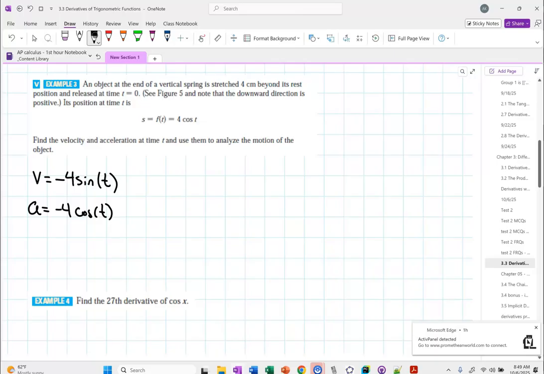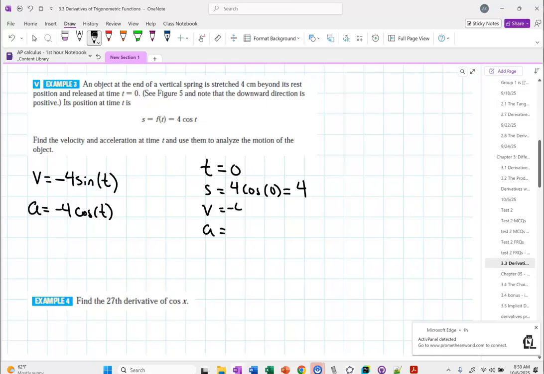And now if we want to analyze the motion of our object, at t equals 0, the position is 4 cosine 0, and cosine 0 is 1, so that's 4.